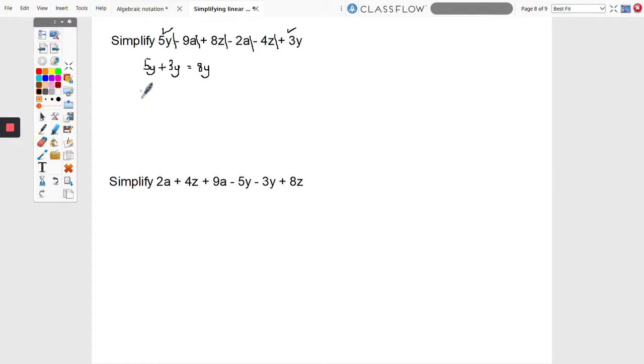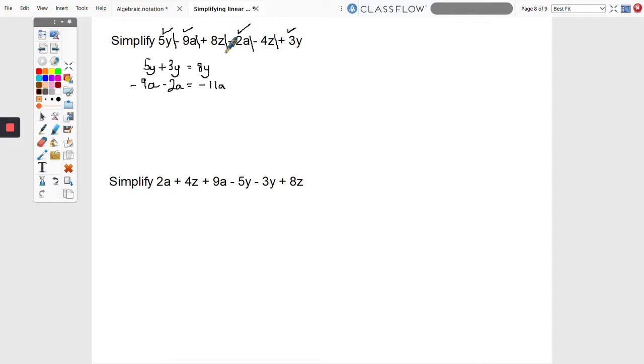I'm going to move along, so my next term is an a, and I've got negative 9a. Tick that one to show that I've used it. And then if I look along, I've got minus 2a, and minus 9a minus 2a will give me minus 11a.